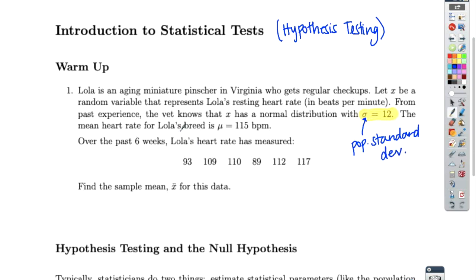The mean heart rate for Lola's breed is mu equals 115 beats per minute. This is the population mean heart rate.